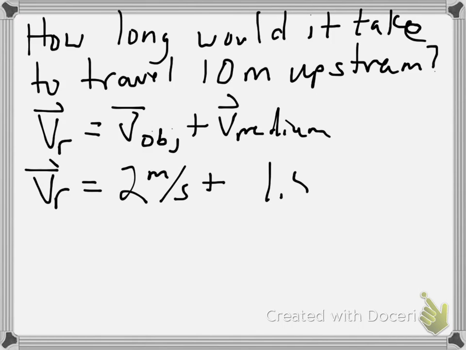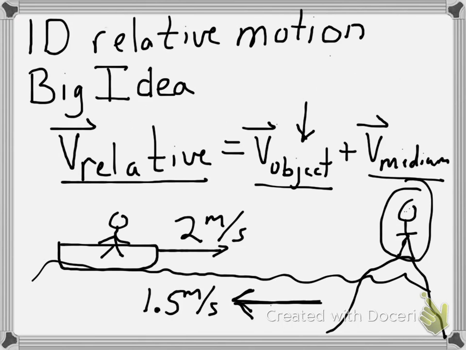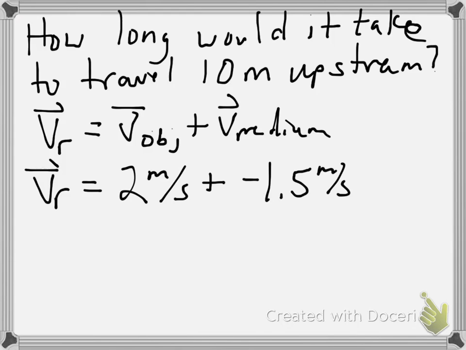There's something very important here. It's 1.5 meters per second in the other direction. These are in opposite directions. The river is working against the boat and holding it back. So really, for every 2 meters the boat goes forward, the river carries it back 1.5 meters. So relative to that rock, this guy is actually only making 0.5 meter per second of ground.